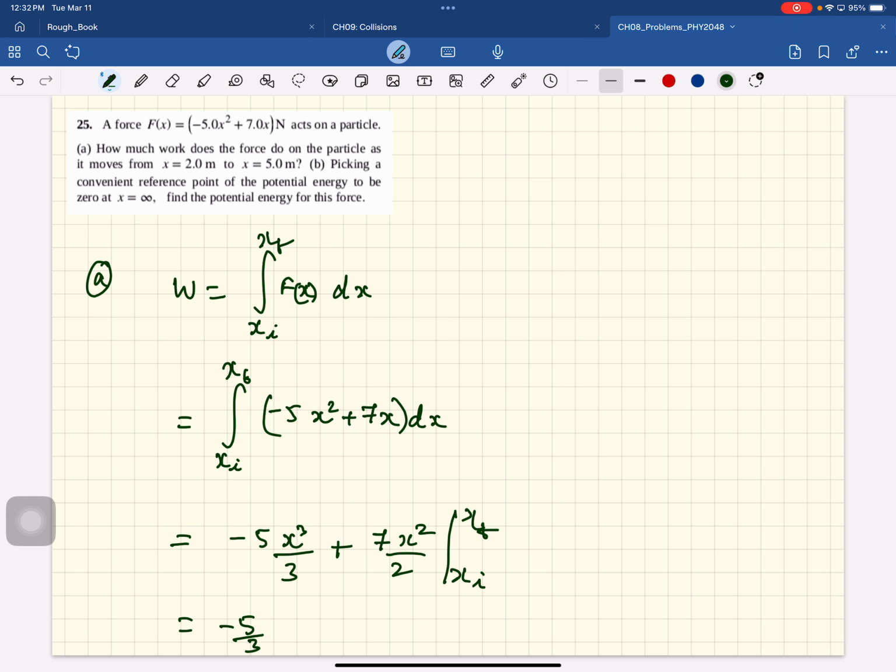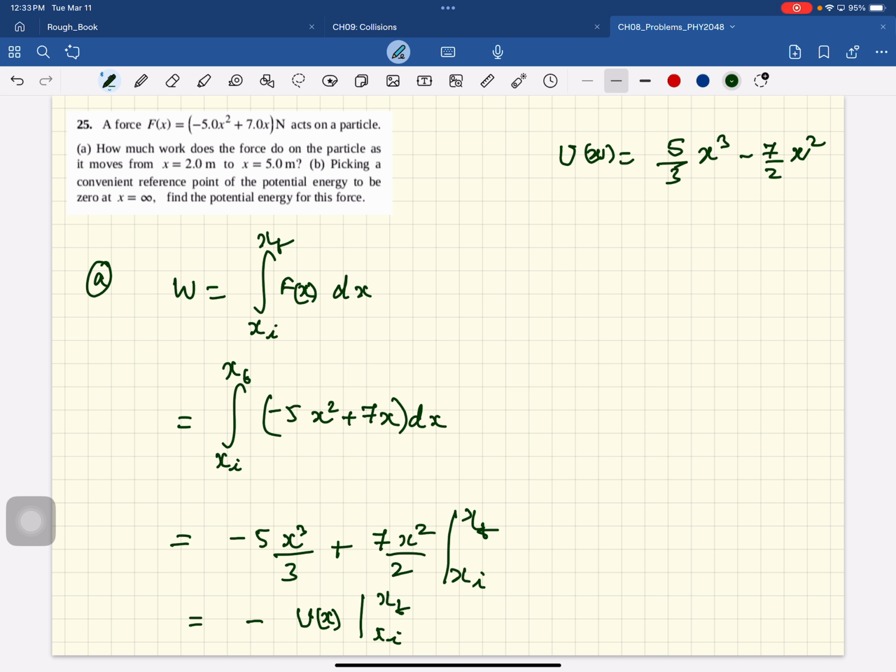Before we apply the limits, we'll write this as minus U(x) from x initial to x final, and U(x) is the potential energy function. So U(x) would be 5/3 x cubed minus 7/2 x squared.